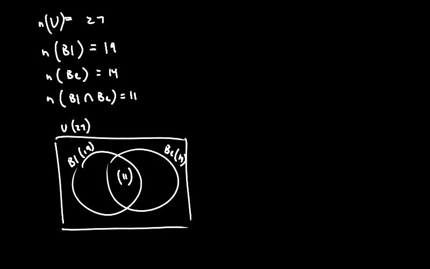Okay, so let's see what we can do. What information do we have? Well, let's represent our different areas here. Let's call this section A, we'll call this section B, and we'll call this section C, and then section D out here. So we know when we put all these together, A plus B plus C plus D, they told us earlier that the whole thing has to come out to equal 27, so we know that.